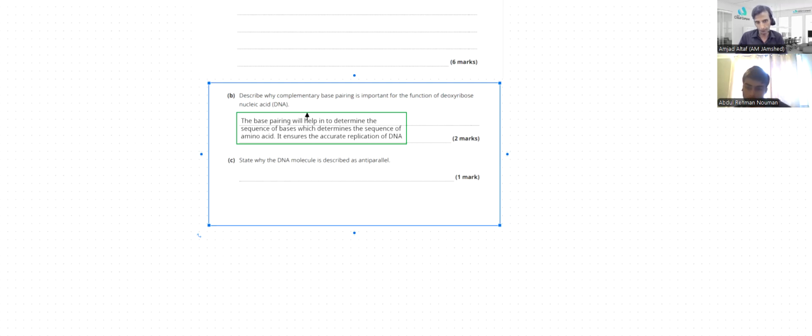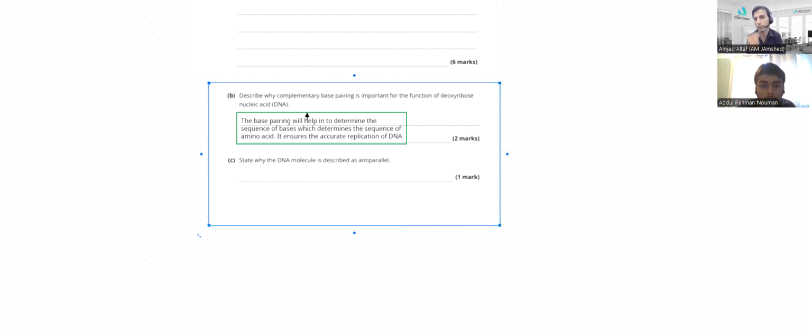So, accurate copying and information transfer. The base pairing will help to determine the sequence of amino acids. Accurate replication of DNA. Yes, fine. In the second case, it ensures the accurate replication of DNA.